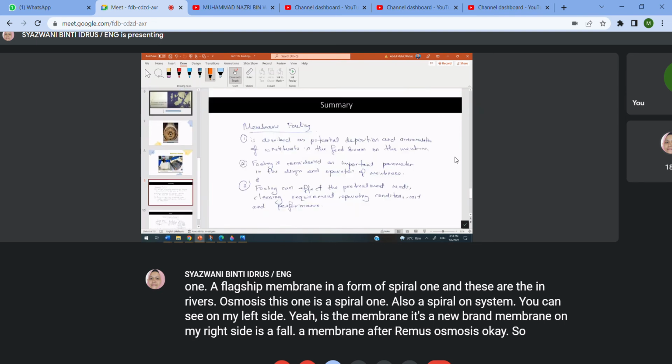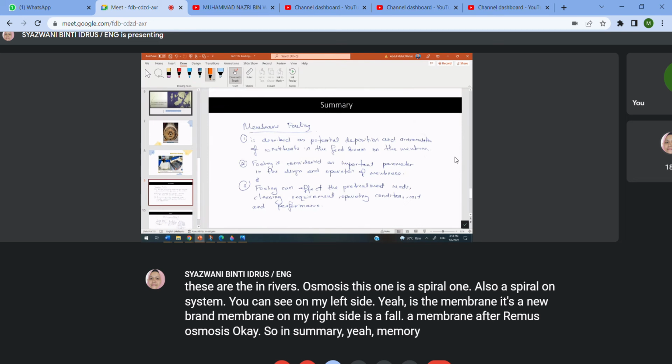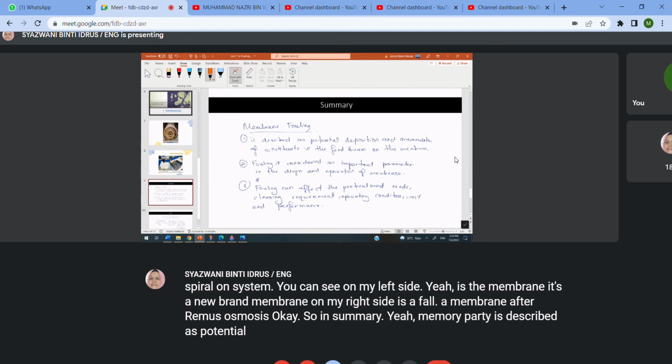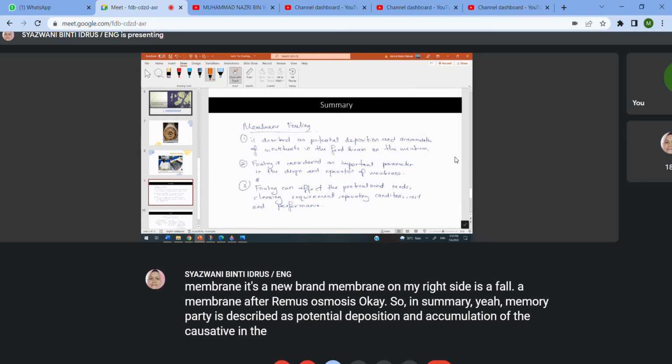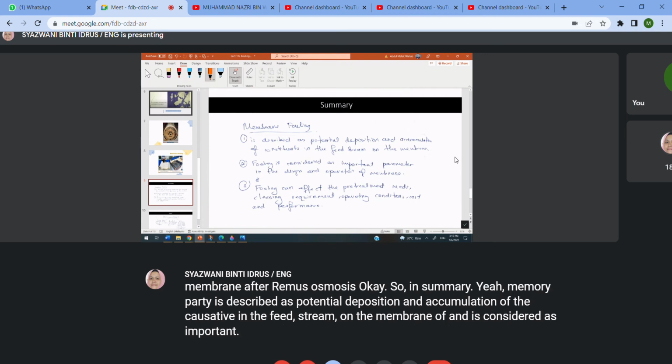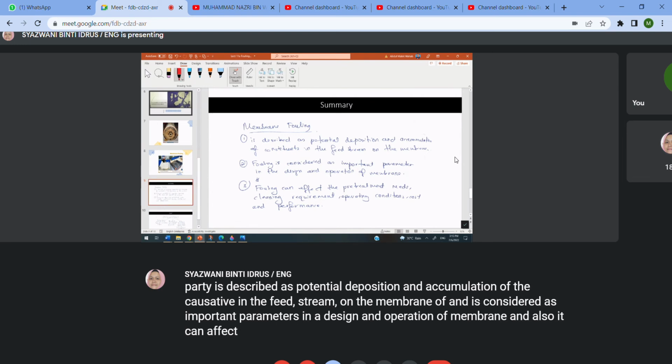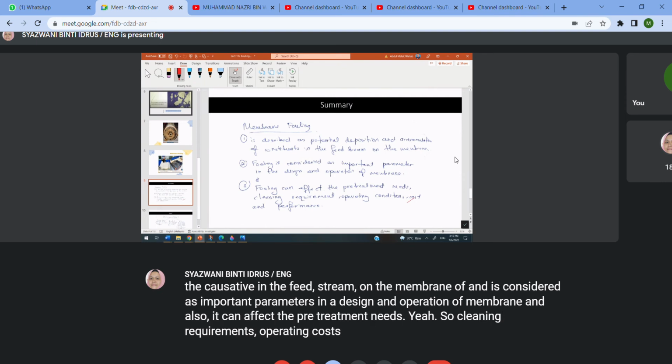Okay, so in summary, membrane fouling is described as potential deposition and accumulation of the constituents in the feed stream on the membrane and is considered an important parameter in the design and operation of membrane, and also it can affect the pre-treatment needs, cleaning requirement, operating cost, and overall performance.